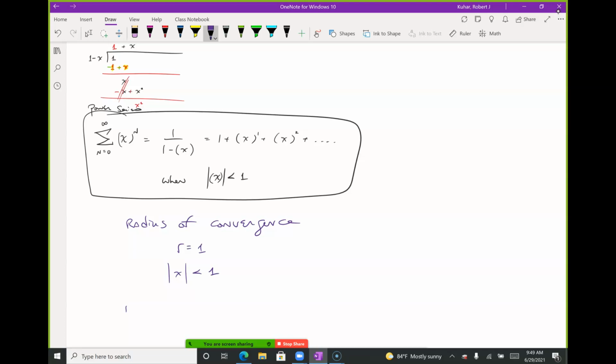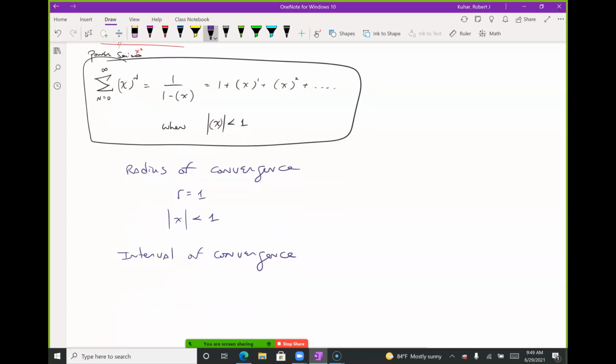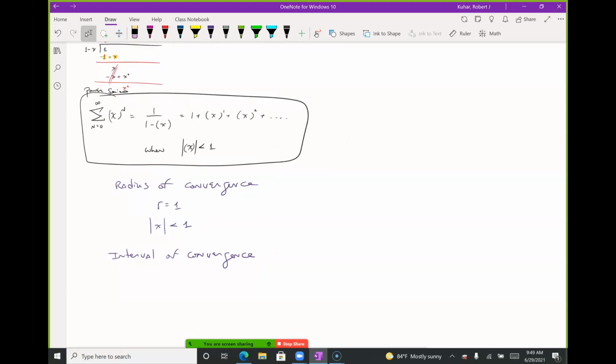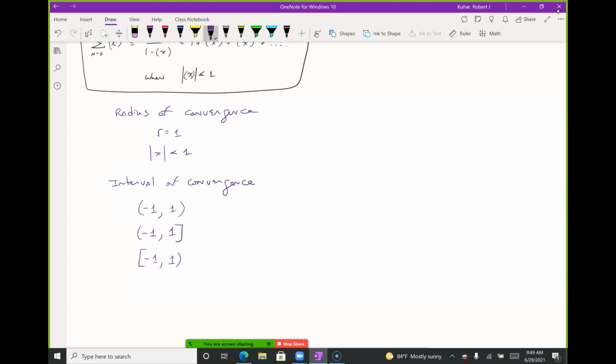Now, the interval of convergence, which I don't spend a lot of time on, just because I don't care so much. I just want to know, does it converge? But what radius does it converge? So my interval of convergence could be -1 to 1, -1 and 1 inclusive, or -1 inclusive to 1, or inclusive at -1 and 1.